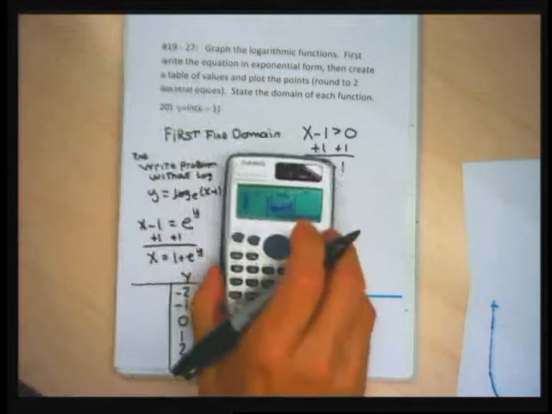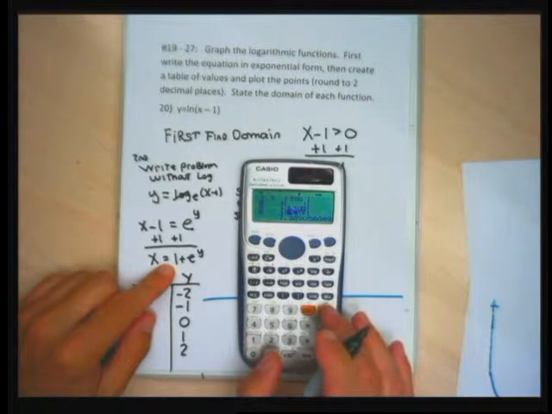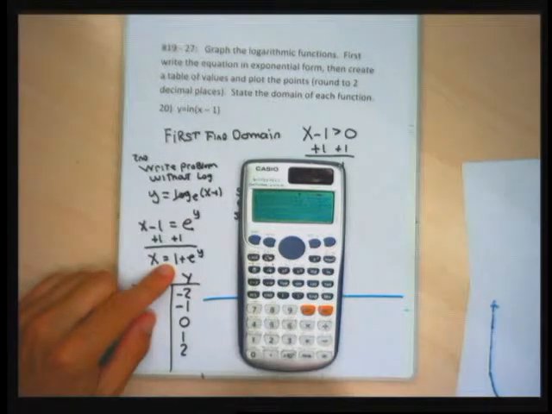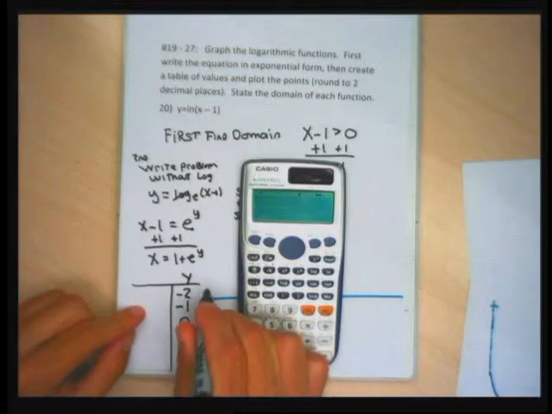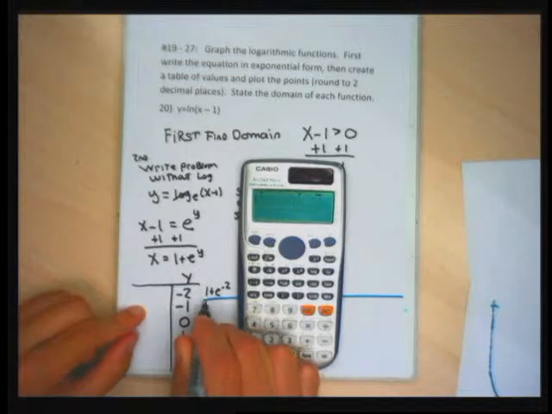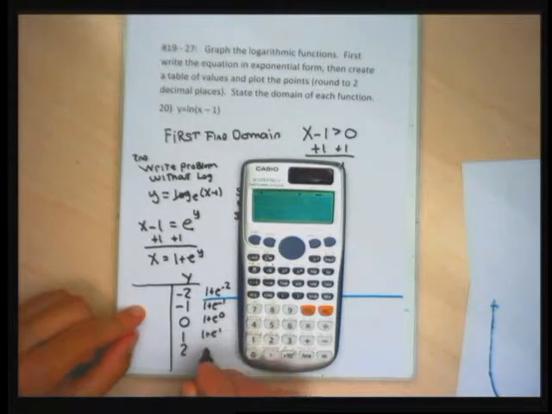And now I'm going to get my x's. Mode 1 would be fine. First one I'm going to go 1 plus e to the -2, and then I'll do 1 plus e to the -1, 1 plus e to the 0, 1 plus e to the 1, 1 plus e to the 2, all on my calculator.